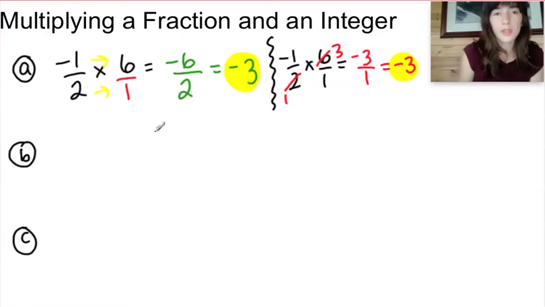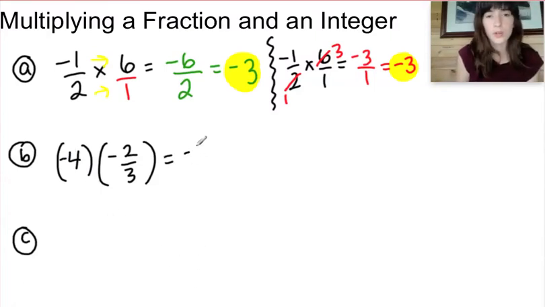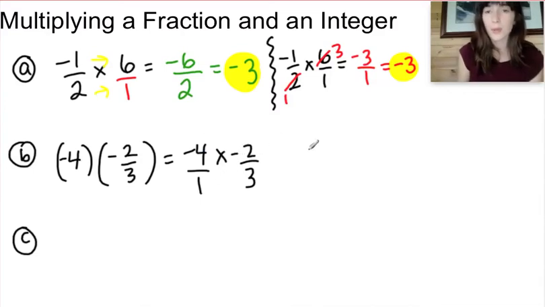All right, let's do 2 more examples. And I'll write them a little differently, so you might see them in a parenthesis form. Let's make this -4 times -2/3. So I'll rewrite that. I'll put a 1 underneath my 4, and I'll go straight across. I notice I can't really cross reduce. My 4 and my 3 are relatively prime. Same thing with my 1 and my 2.